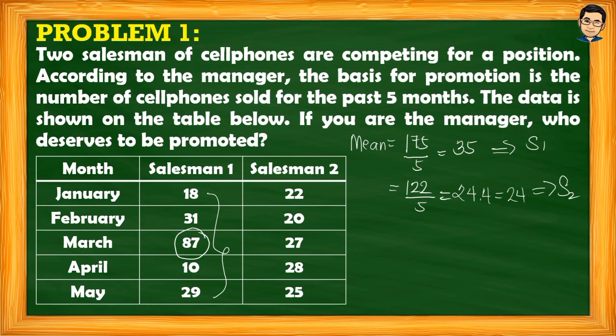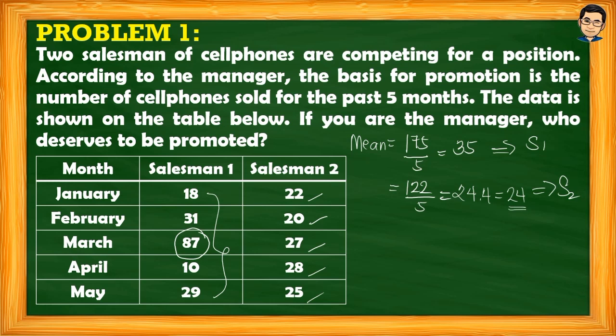Next, dito naman tayo sa salesman 2. Yung mga benta niya, 22, 20, 27, 28, 25. Mapapansin natin, yung mga benta niya is magkakalapit lang. Yung nakuha nating mean is 24.